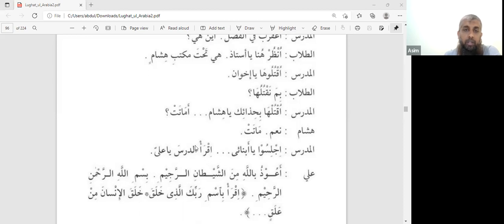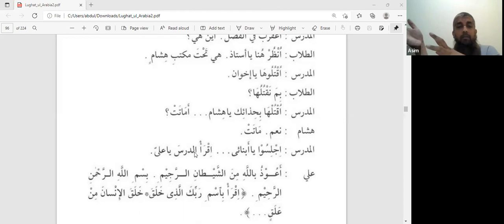Iqra. Read. This is the command form. Iqra ad-darsa. Read the lesson. Now notice here, remember when we have a verbal sentence, we have the verb, we have the doer of the verb, and we have the maf'ul bihi, or the object. So you say kataba at-talibu ad-darsa.